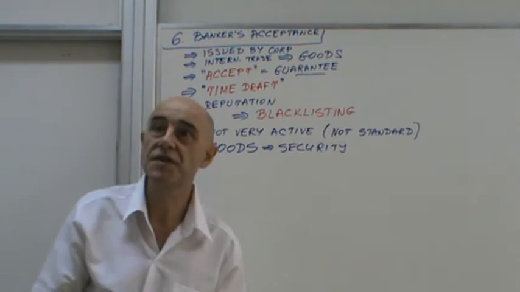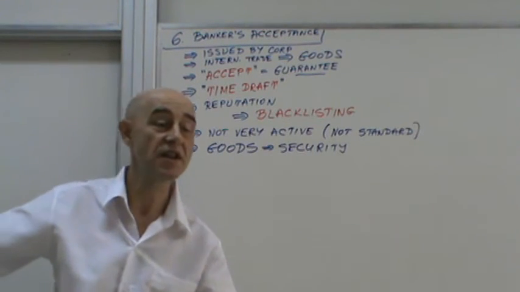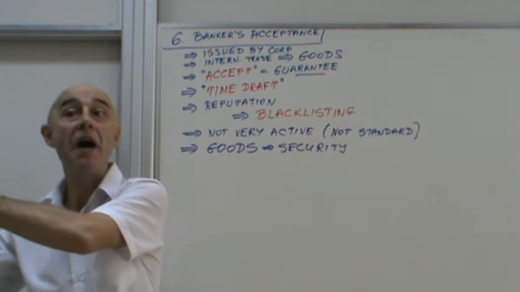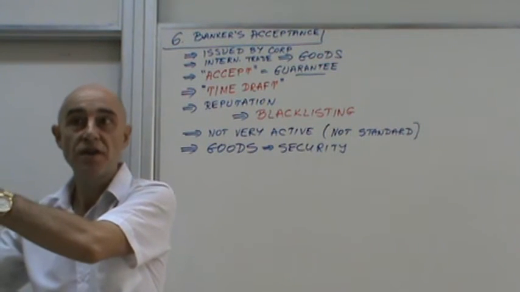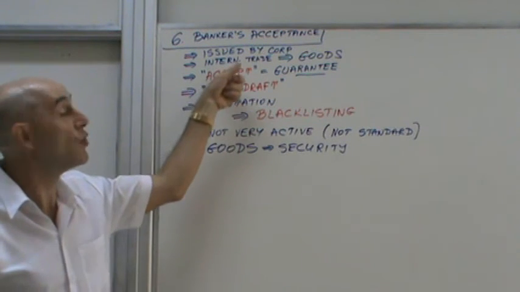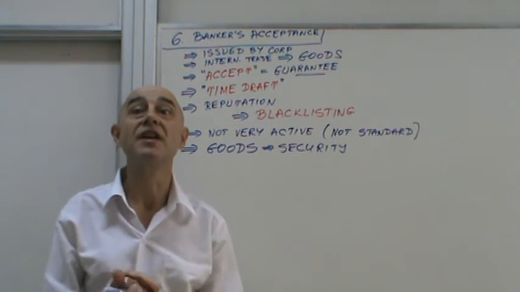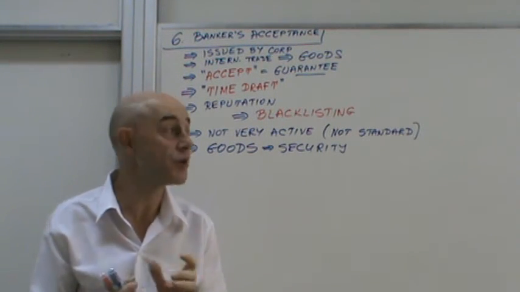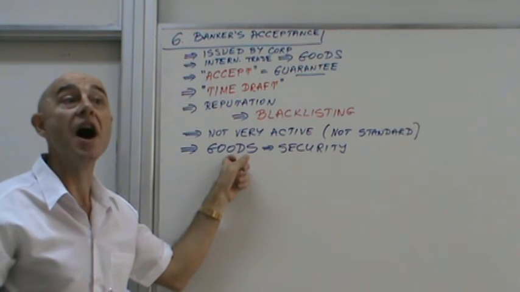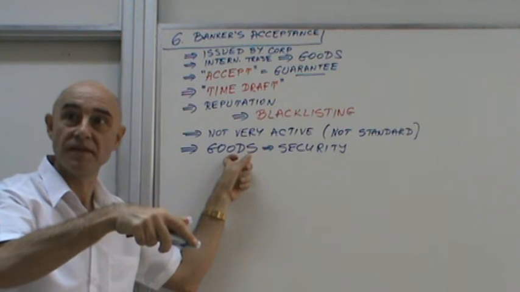So you have goods, one company is buying the goods, the other company is selling the goods, the seller will be shipping, and now the buyer has to pay the money. Well, the buyer will be issuing the acceptance guaranteed by the bank. The bank will hold ownership of the goods until the buyer makes the payments.